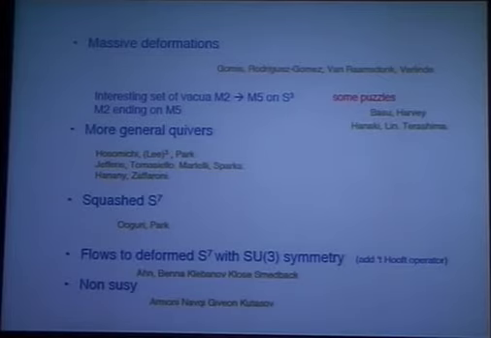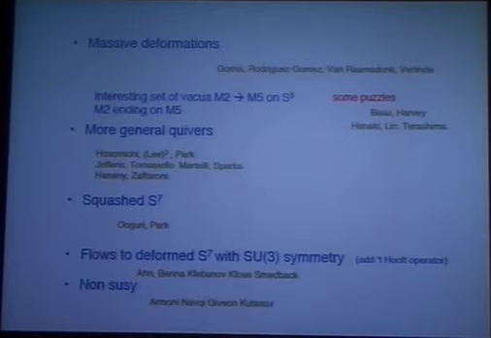Now you can change the theory in various ways. One thing you can do is add a mass deformation, and then the theory has lots of different vacua where the M2 branes grow to M5 branes. When you count these vacua classically, you run into some puzzles, but nobody has yet done the correct quantum calculation for the number of vacua, so there is a problem to be solved.